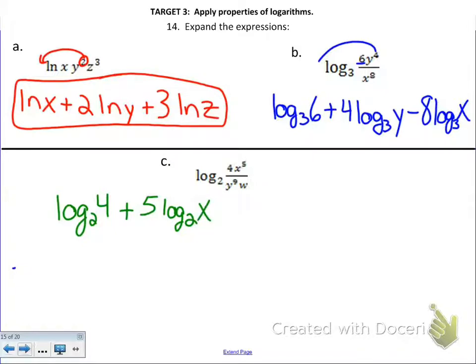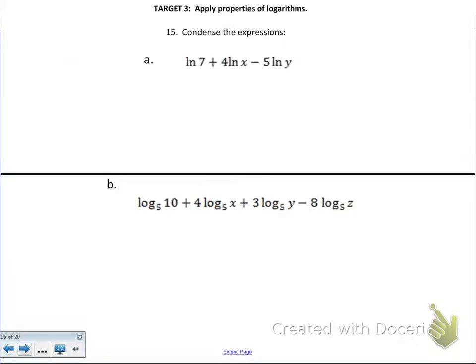Now we're getting into a division, so it's going to be minus 9 log base 2 of y, and then minus log base 2 of w. And that is your answer for the expansion problems.